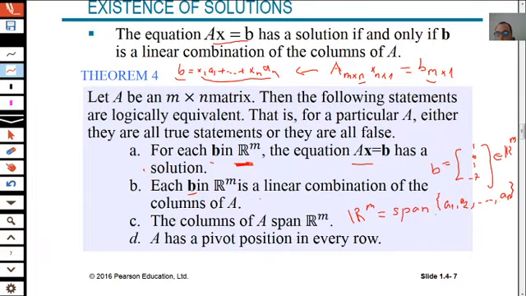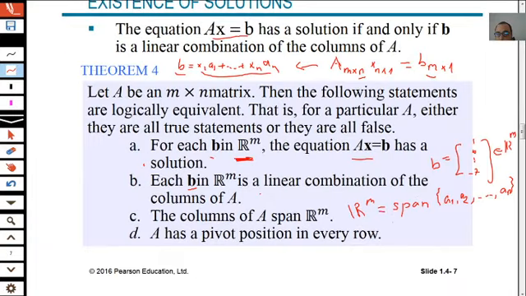Okay, because each vector in Rm is a linear combination according to the definition of the set spanned by some vectors. So we have this equality. The space is the set spanned by these vectors written here.